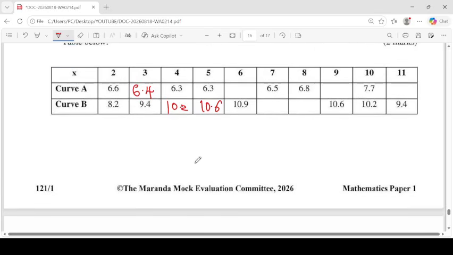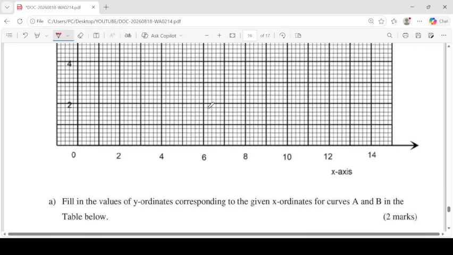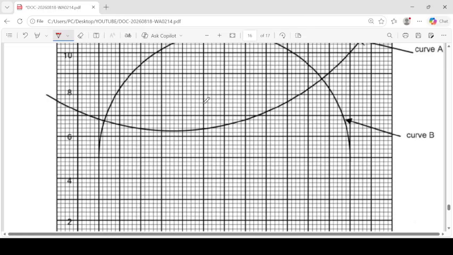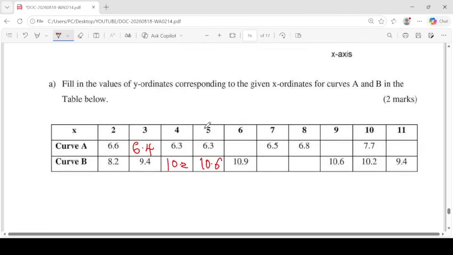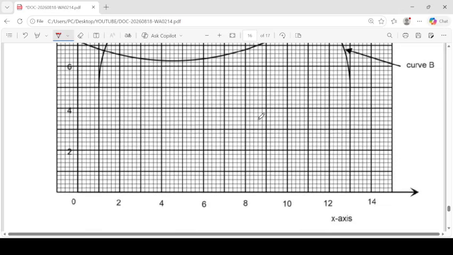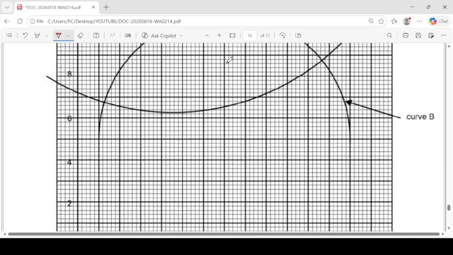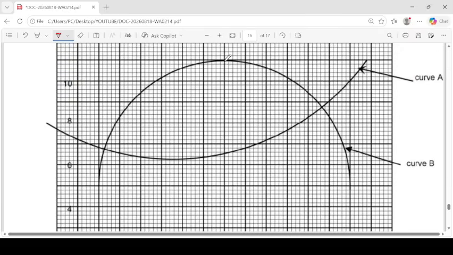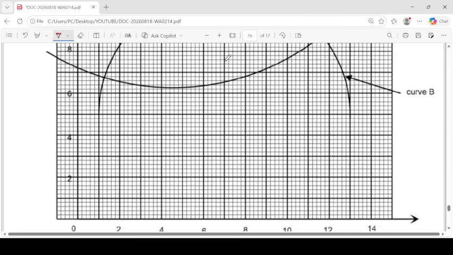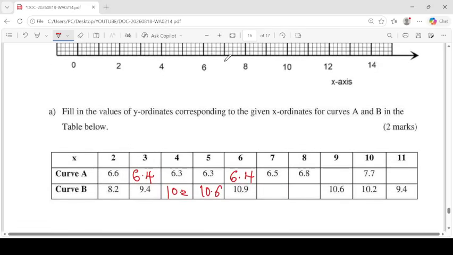When x is 6, curve A is reading 6.4. When x is 7, curve B should be reading 11.